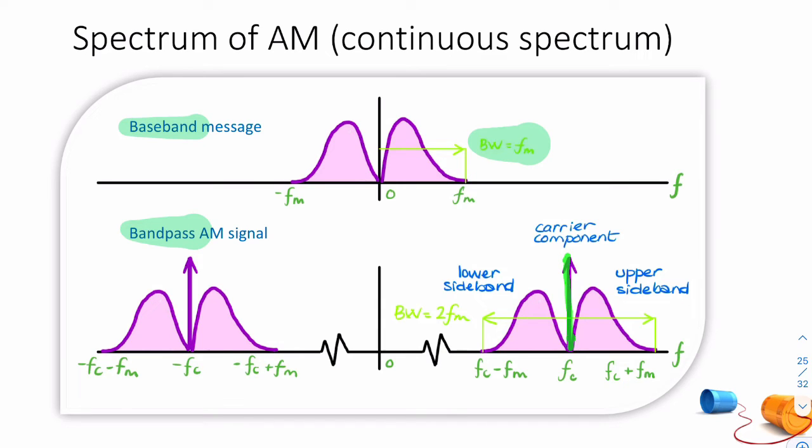I still have a carrier component, but the upper sideband isn't just a simple impulse at omega c plus fm and another impulse at omega c minus fm, it's the whole spectrum. This whole spectrum is shifted here. So we have 1, 2. This is the upper sideband, and this is the lower sideband.